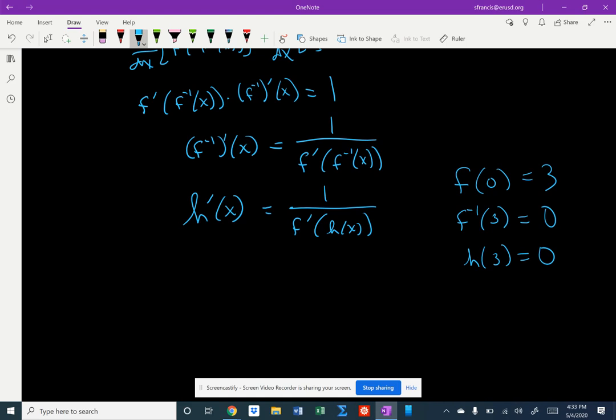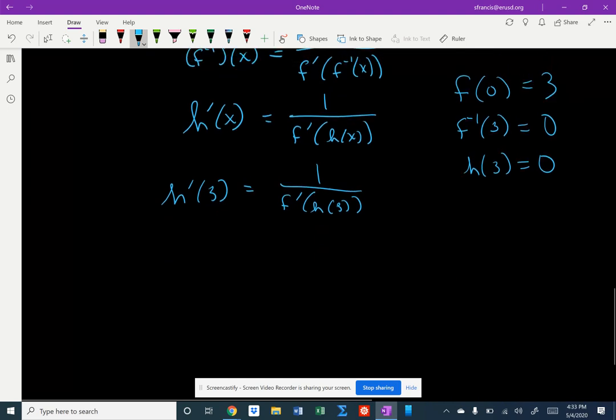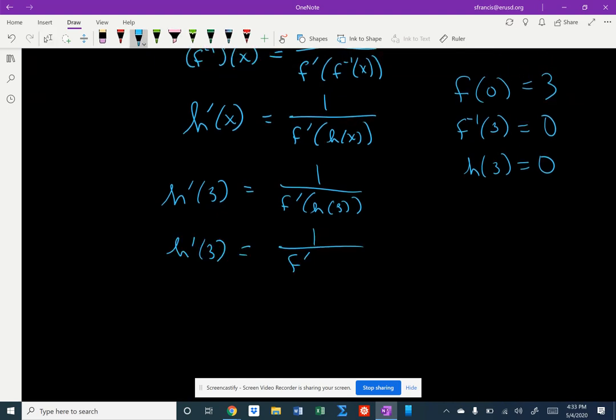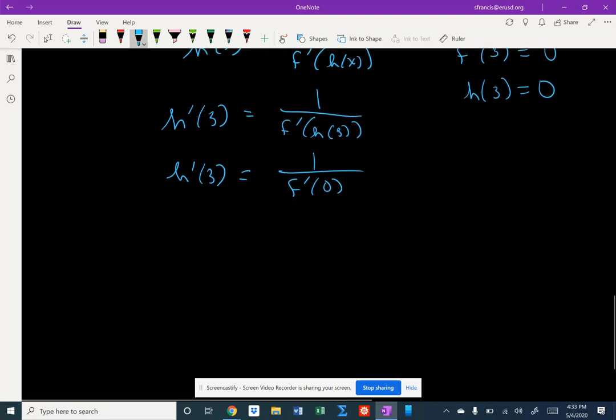Okay, so now if I want h prime of 3, that's 1 over f prime of h of 3. But I just found out that h of 3 is equal to 0, so this becomes 1 over f prime of 0. And so I just have to go back and remember what they told me f prime is.